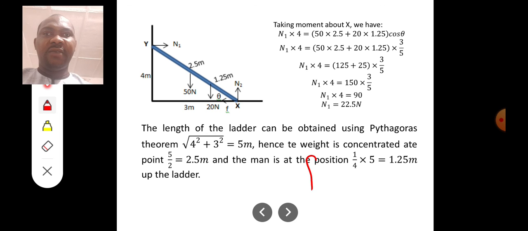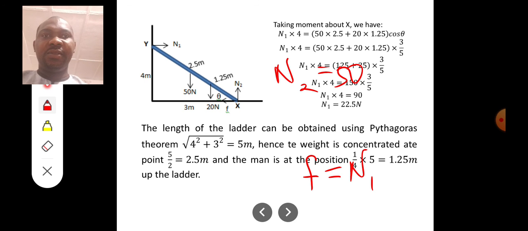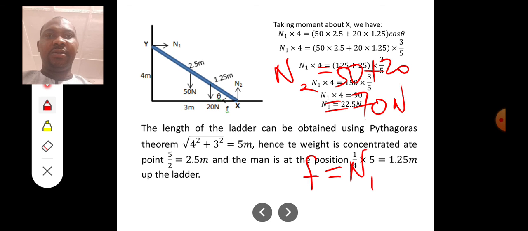So we have F is equal to N1, since they are in equilibrium, those are the only forces acting on the horizontal. But to find N2, N2 is equal to 50 plus 20, and that will give us 70 newtons. That shouldn't be a problem because they are moving in opposite directions.